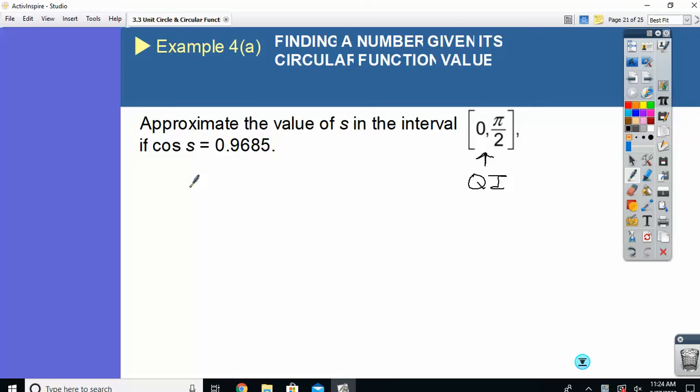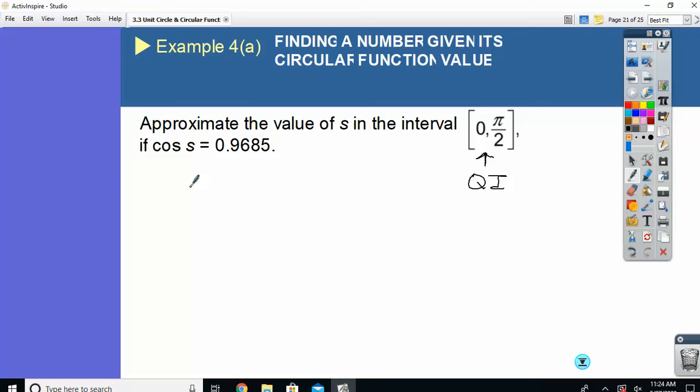If cosine is equal to 0.9685, do we know when cosine is 0.9685? No. So we have to use our calculator. All right, if I'm going from 0 to pi over 2, is pi over 2 degrees or radians?